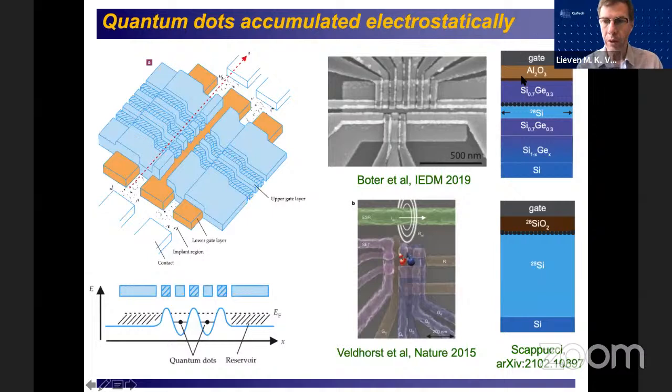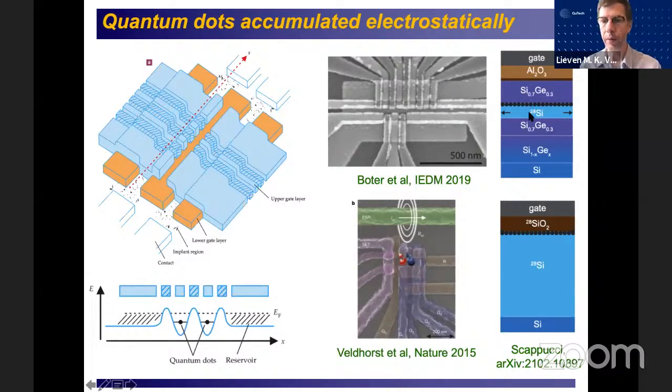And you see here the cross sections. The most popular geometries of the material stacks are either the basic transistor structure, how it was developed many years ago: a silicon substrate, silicon oxide dielectric, and then a gate metal, and the electrons reside in the silicon right against the oxide.